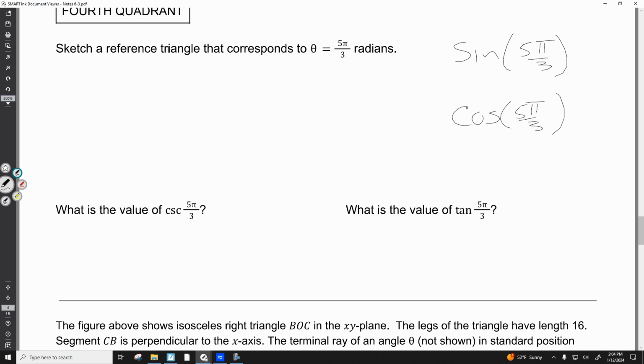Now, words of advice: be exaggerated with your terminal ray. A 5 pi over 3 creates a 60-degree reference angle. When I draw my 60-degree reference angle and my 60-degree terminal ray, I'm really, really close to 3 pi over 2. I am really seeing short side and long side.